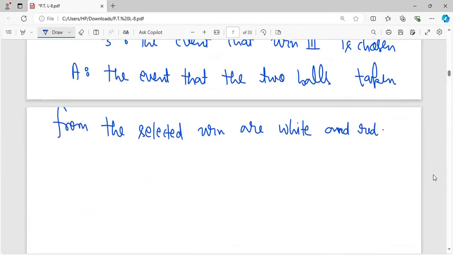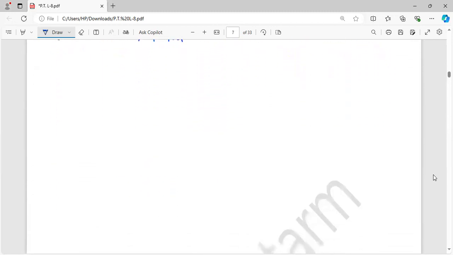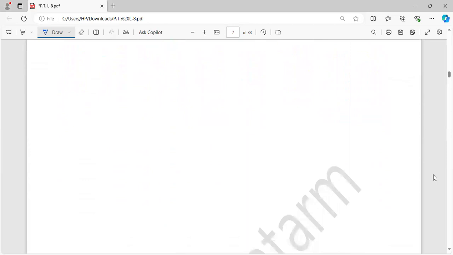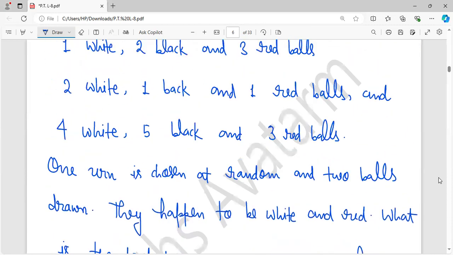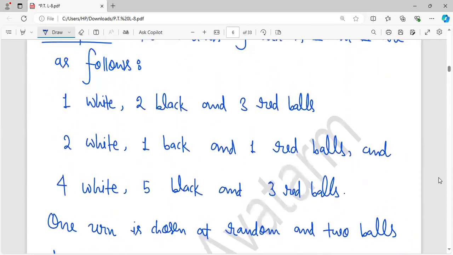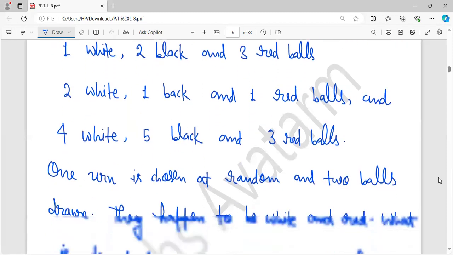Okay. So what is the probability of E1? So chosen balls are white and red. How many white balls does it have? It has one white and three red balls. So how many options does it have? 1 into 3.